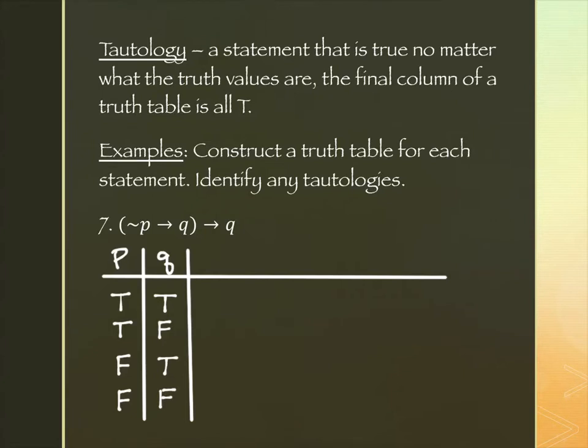All right, so let's get our column headers now. I skipped that, getting them all in there, because I wanted to remind you of the T's and the F's. But column headers: do I have any negation statements? Yes, I have a tilde P. Do I have any compound statements? Yes. In the parentheses, I have a tilde P implies Q statement, which I'll call number 1.